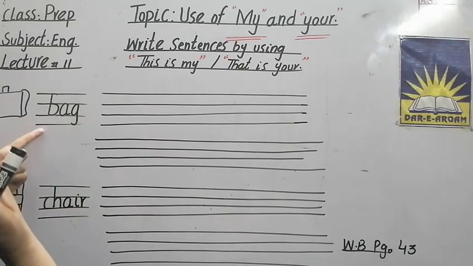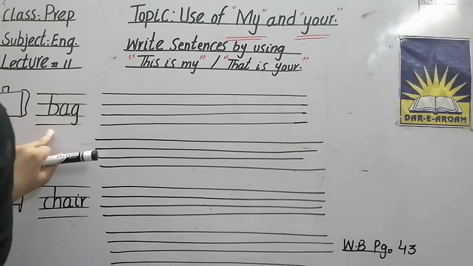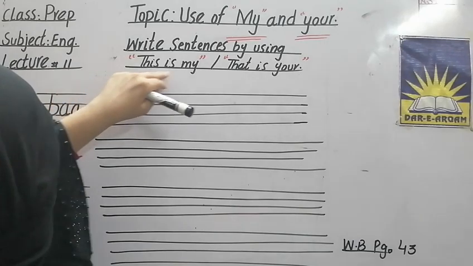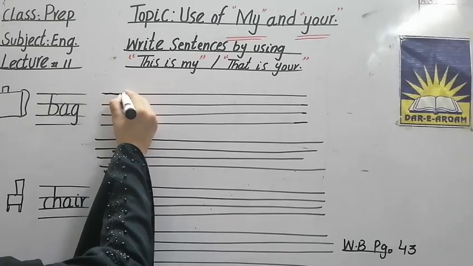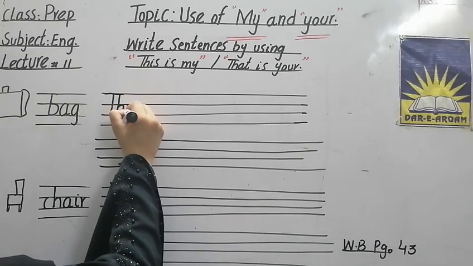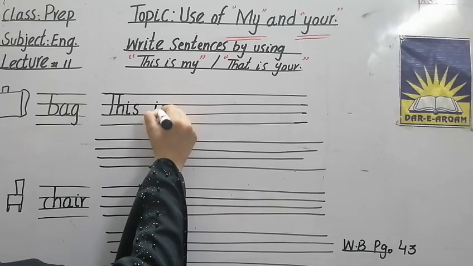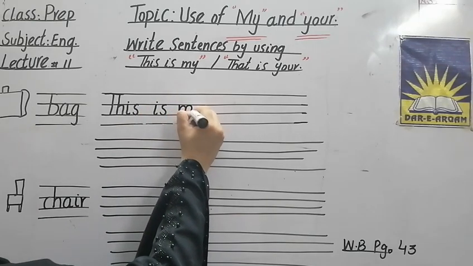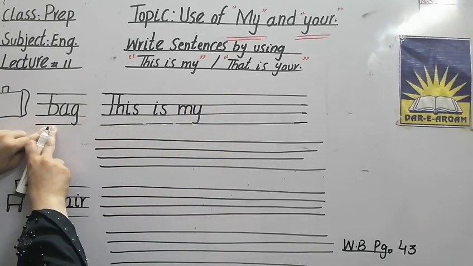Okay, the first word is bag. We use this word by using this is my. Good. Let's start, students. This is my, and the word is bag.